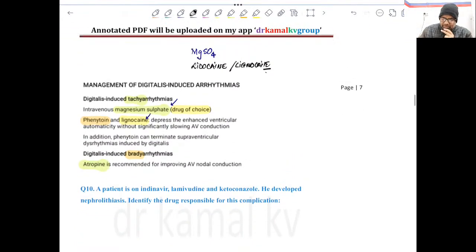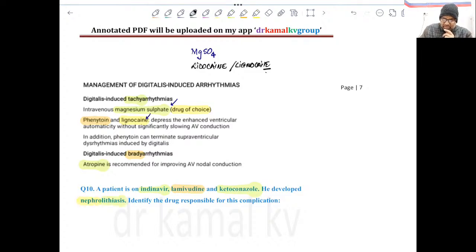Then moving forward, these kinds of questions are also there. A patient is taking multiple drugs, there will be a certain side effect, and they will ask you to point out the drug causing that side effect, right? So here, a patient is taking indinavir, lamivudine, and ketoconazole. During the course of the treatment, he developed nephrolithiasis.